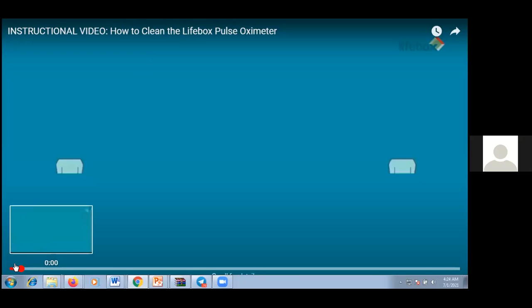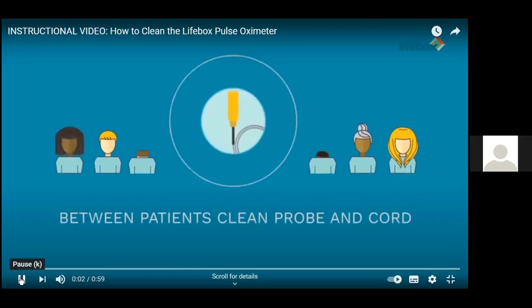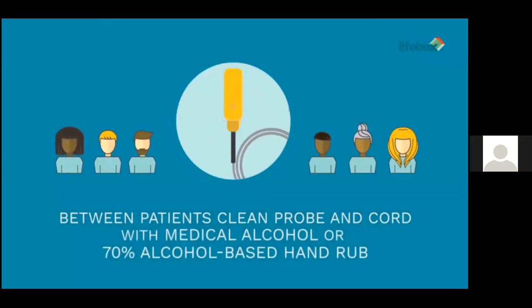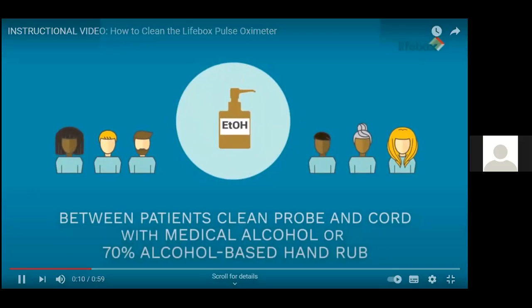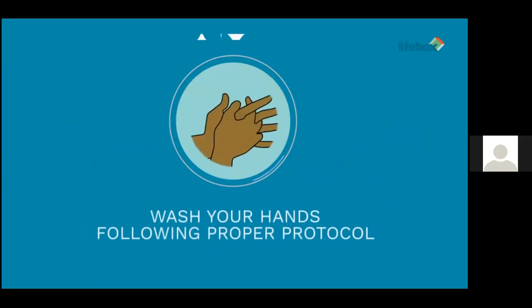Here, I have a one-minute video from Pulsox, and it shows how to clean. It is essential that you gently clean the probe and cool it with medical alcohol. Small amounts of 70% alcohol-based hand rub will also work, but should be applied sparingly. It's important to keep the LED and photodetector clean. Please also remember to wash your hands, following proper protocol between patients.